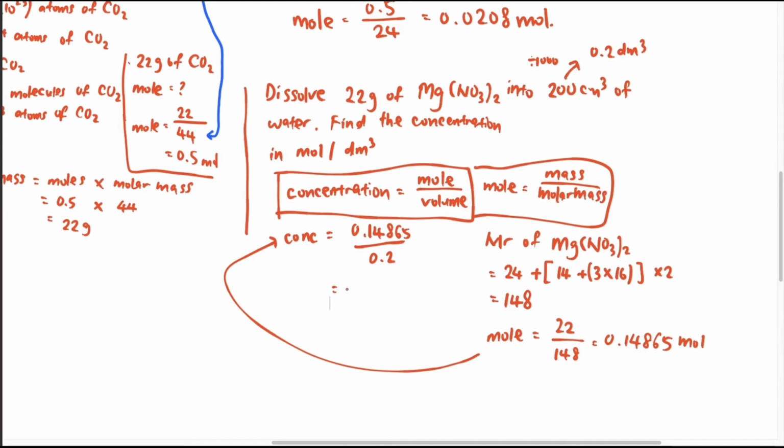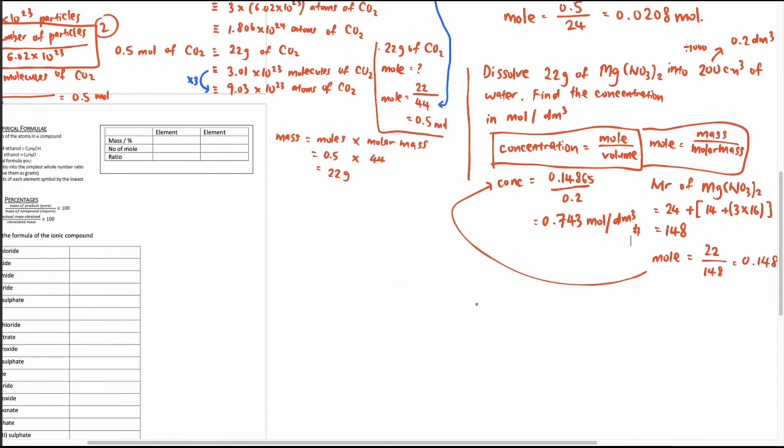And then we get the concentration, which is 0.743 mole per dm cube. So that is how we use the concentration formula. Okay, now let's continue.